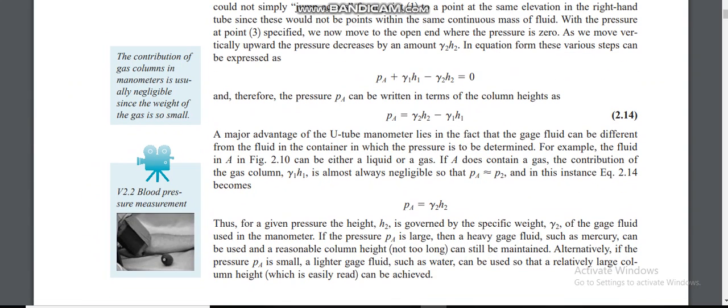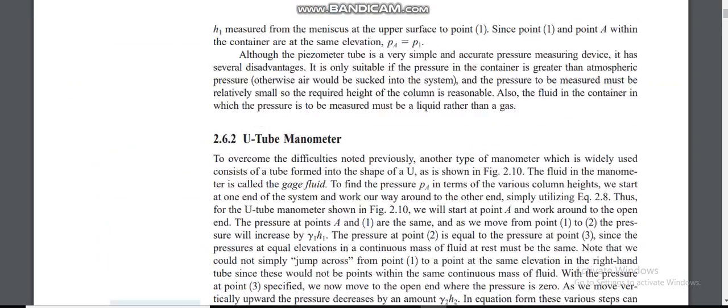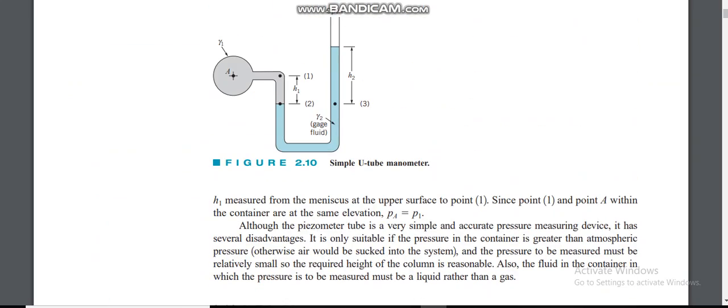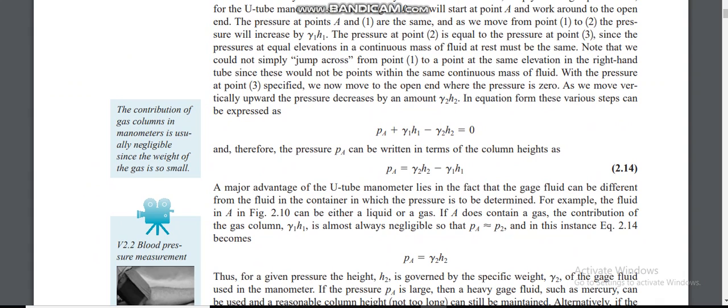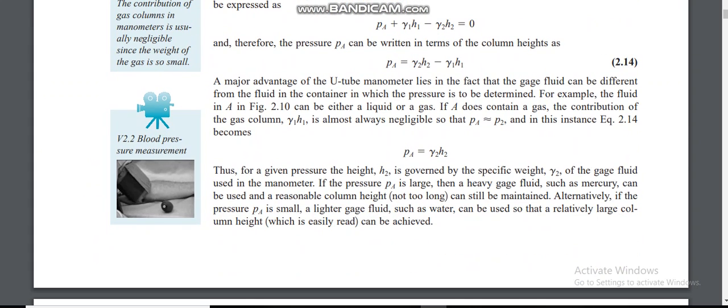Here the condition is satisfied, and we can find the pressure at point A, or pressure at point 1, from this height. So we have to send all this stuff to either side of PA, so we can find the pressure at point A. A major advantage of the U-tube manometer lies in the fact that the gauge fluid can be different from the fluid in the container in which the pressure is to be determined.